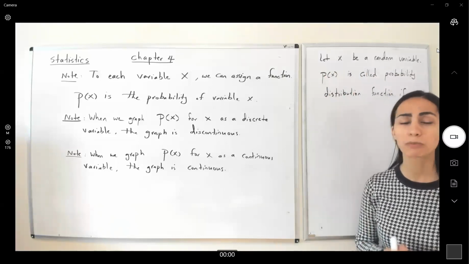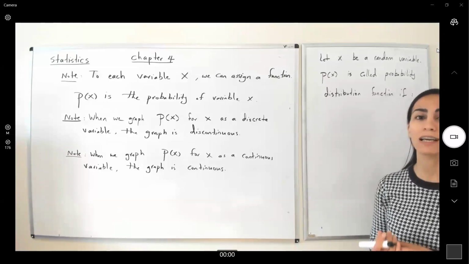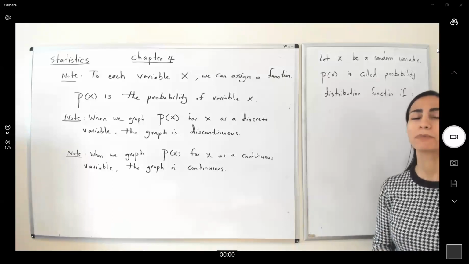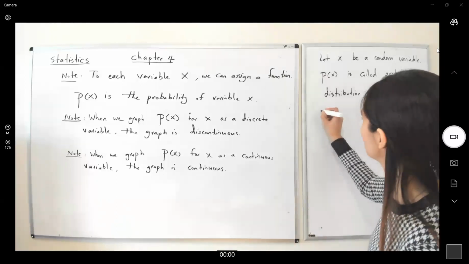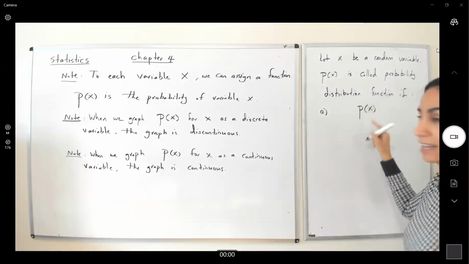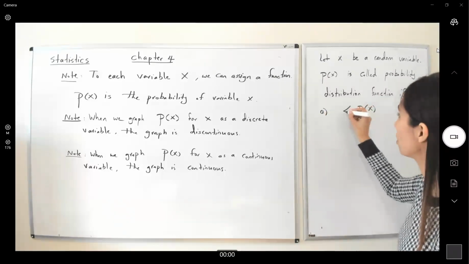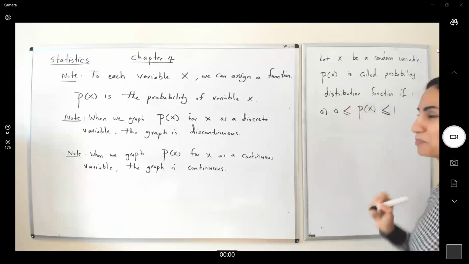First of all, the probability of any variable must be a decimal number between 0 and 1 inclusive. So P of x as a number is a decimal number between 0 and 1.